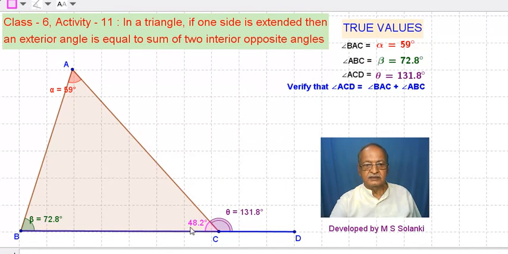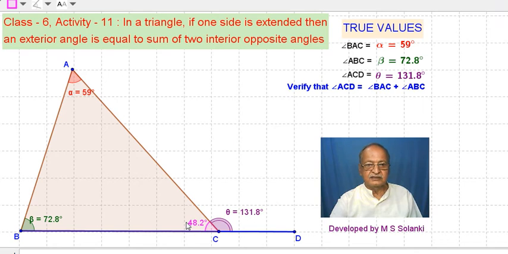We are getting, you can check, the sum of these two is equal to 180 degrees, and this plus this is also equal to 180 degrees. So this angle is common on both sides.